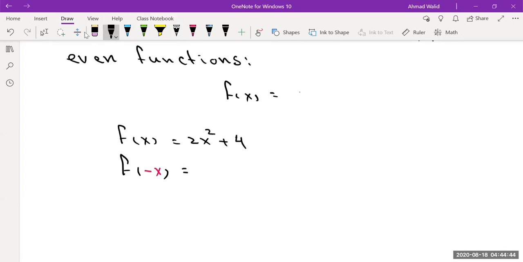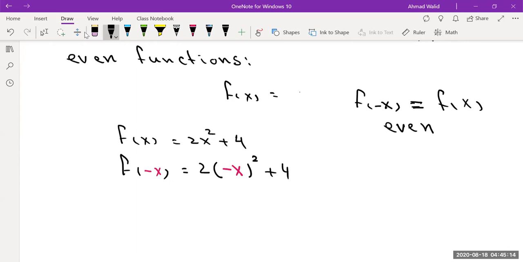Correct? I'll do this: 2 times, I'll replace my x with negative x squared plus 4. Why am I doing this? When you replace your f of x with f of negative x, and f of negative x becomes equal to the f of x, you call your function even.